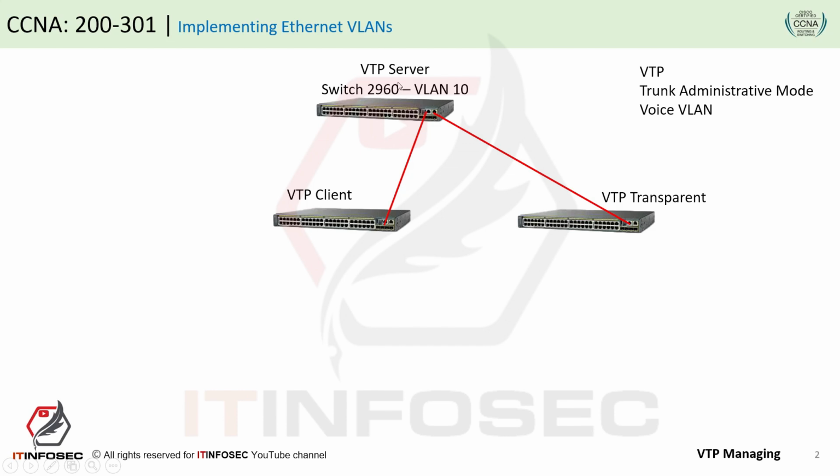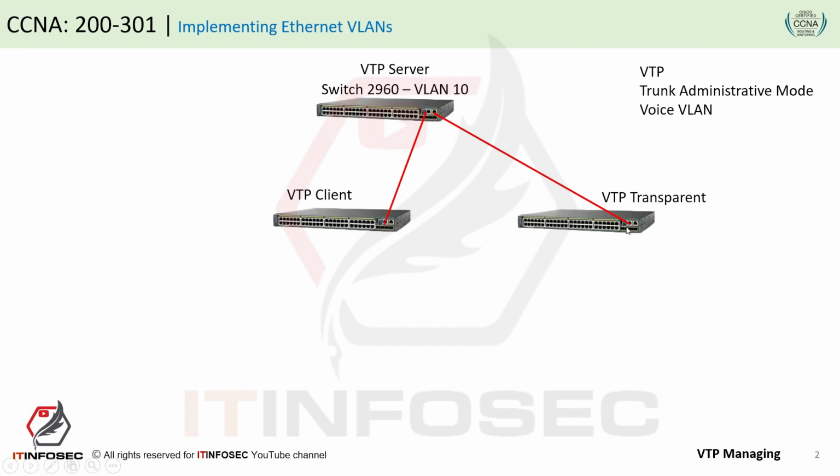Because it is a VTP server, it will share its database to the downstream switches, for example, to the VTP client, and this VTP client switch will receive that database and implement it in its own database, and as a result VLAN number 10 will be created on the VTP client switch.